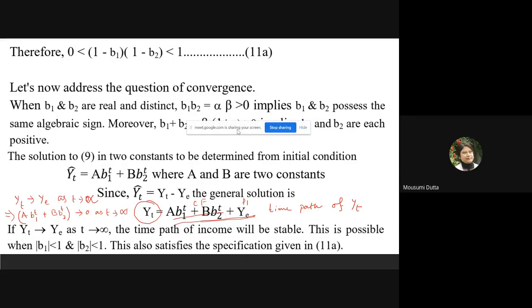This also satisfies the specification in 11a. So look at 11a. The specification is that 1 minus b1 into 1 minus b2 should lie between 0 and 1. So mod b1 less than 1, mod b2 less than 1 satisfies the nature of the characteristic roots in this framework too.